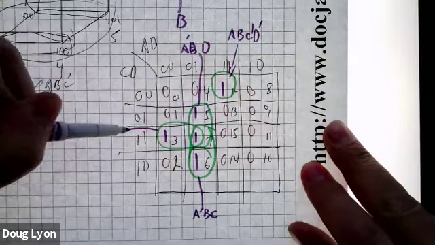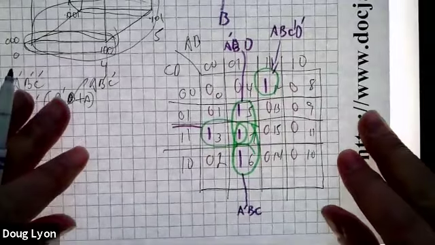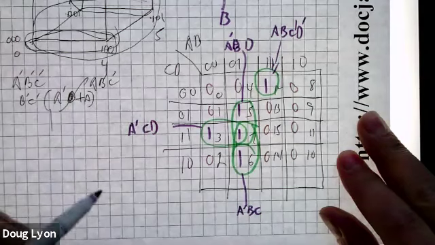So that would be A prime B again, and then it would be just D. Yep. And why don't you finish this off? This would be A prime, C and D. Oh, wait, sorry. Yeah, C and D. Yeah, you got it. And that's it.